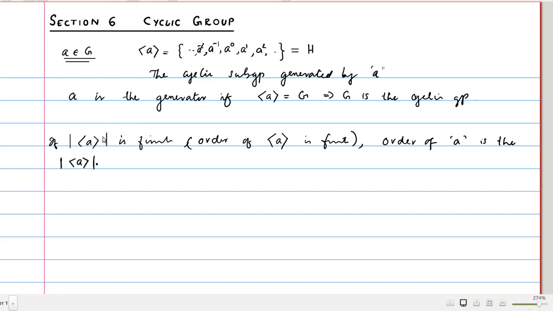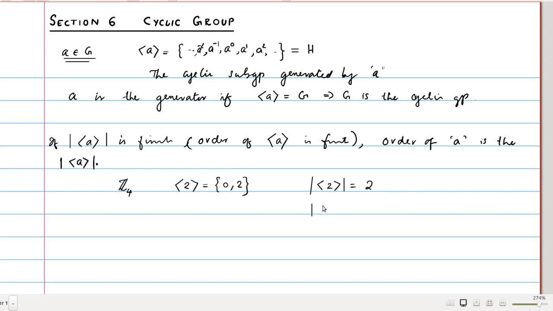If this is a finite case, we have already seen that in Z4 the cyclic subgroup generated by 2 consists of 2 elements, 0 and 2. In this case we can say that the order, or the cardinality, of the cyclic subgroup generated by 2 is equal to 2.